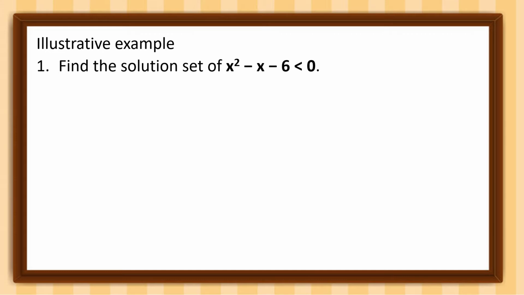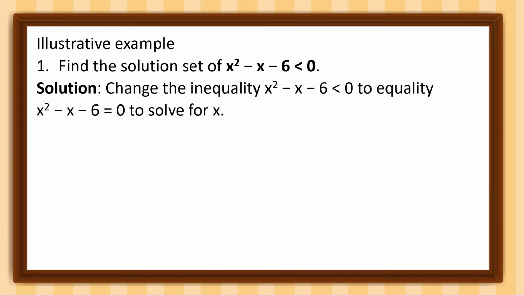Here's an illustrative example. Number 1. Find the solution set of x squared minus x minus 6 is less than 0. So the first thing that we need to do is change the inequality x squared minus x minus 6 is less than 0 into an equality.